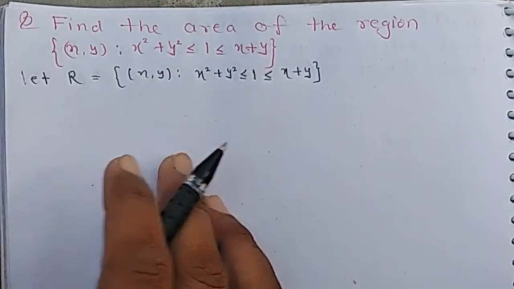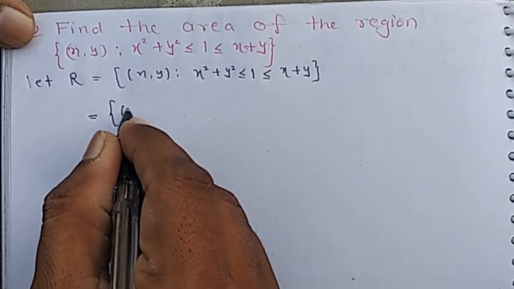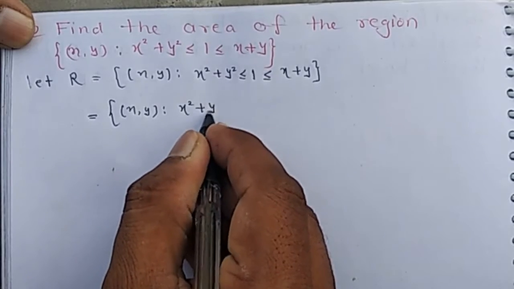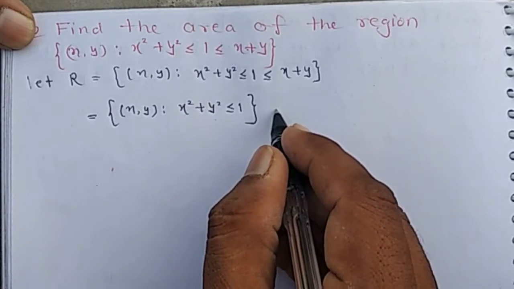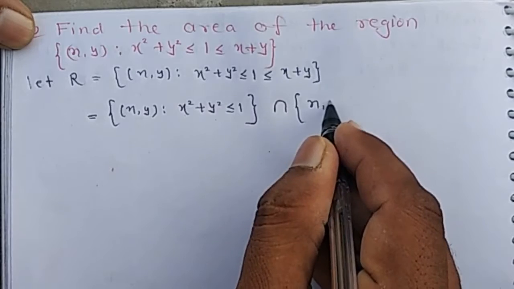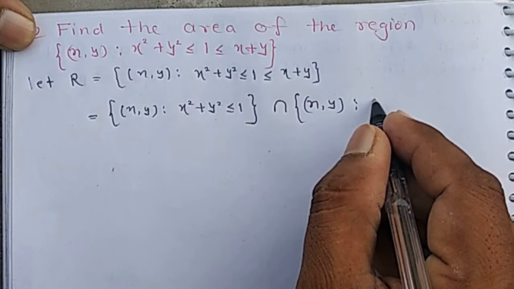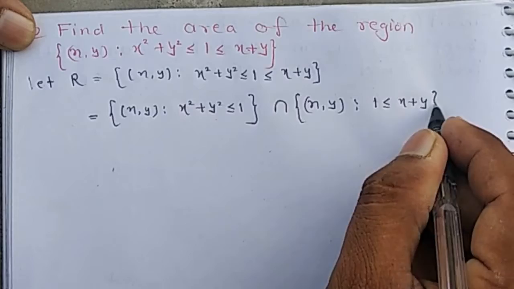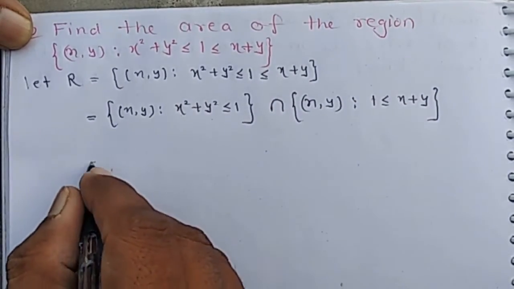Now we can divide this whole region into two parts: the set of (x, y) such that x² + y² is less than or equal to 1, intersection the set of (x, y) such that 1 is less than or equal to x + y. Let it be region R1 and it is R2.